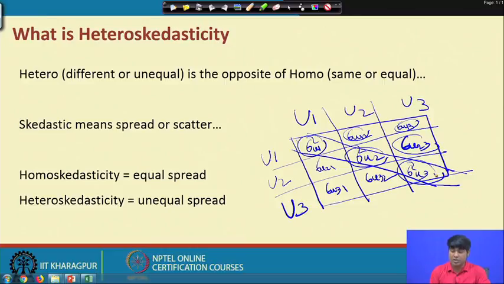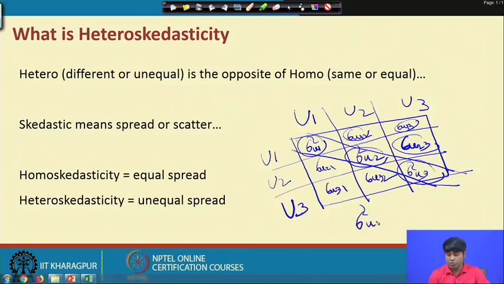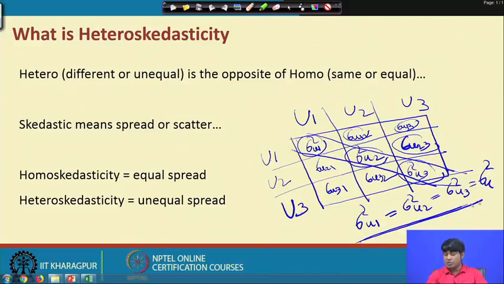So technically, the requirement of modeling as per the OLS technique is that sigma square u1 is equal to sigma square u2 is equal to sigma square u3, and simply you can call it sigma square u, the error variance. This is what is called homoskedasticity.